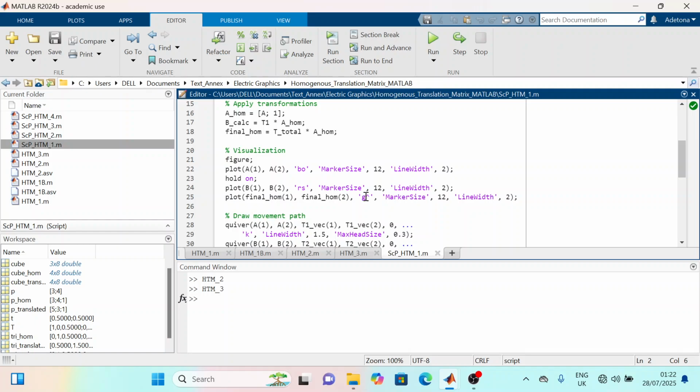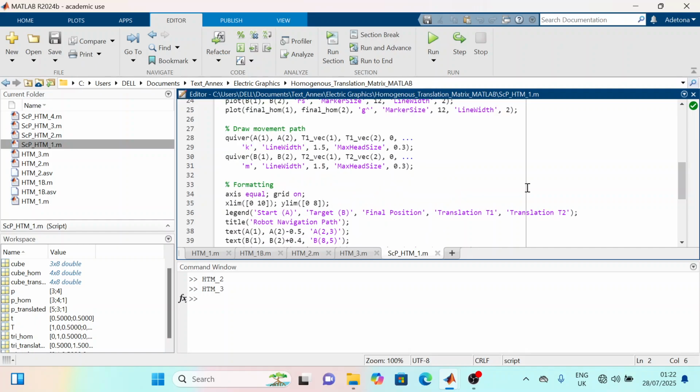This marker is a triangular marker, and the size of the marker is 12, so as to be uniform with this, and the line thickness happens to be 2. Then there is still for us to draw two feet, the one from A to B and from B to final. And for that, we need two quivers.